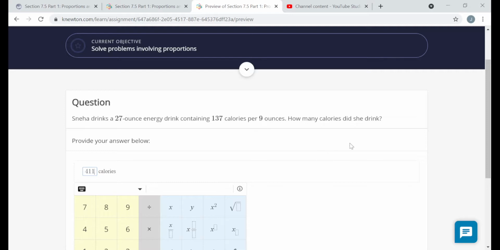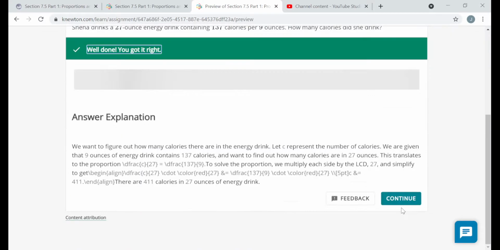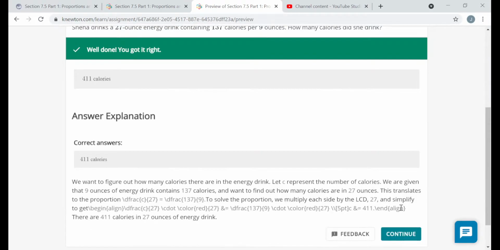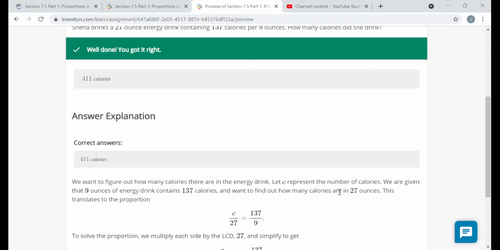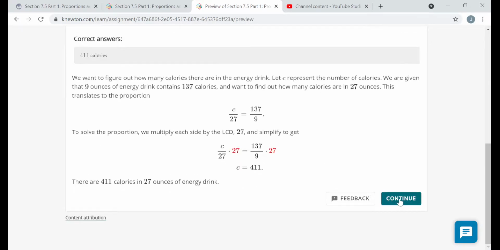Numerator units are the same, denominator units are the same when you're setting up those ratios. Once again, please read through the answer explanations. They put C for calories instead of X. No big deal. Okay, next question.